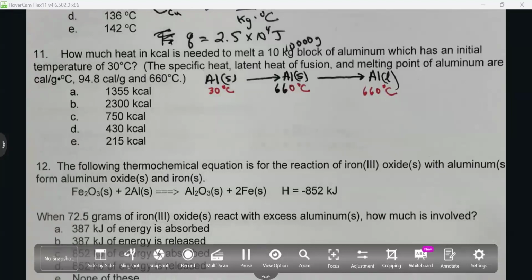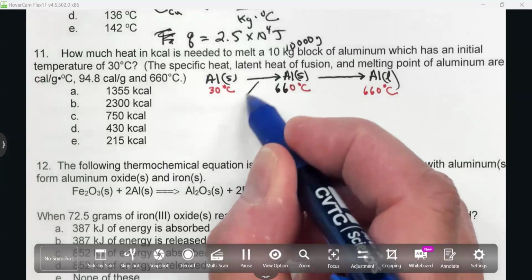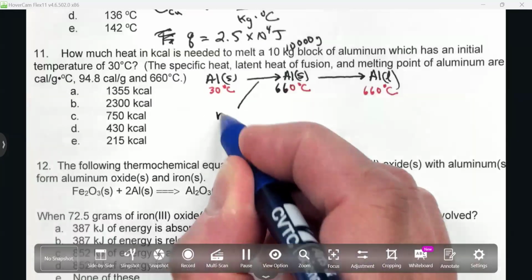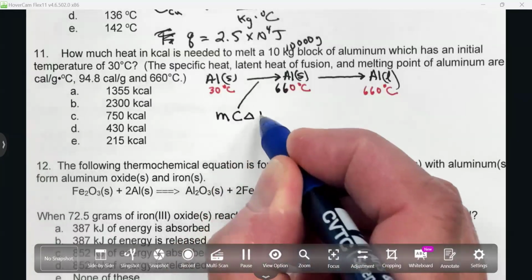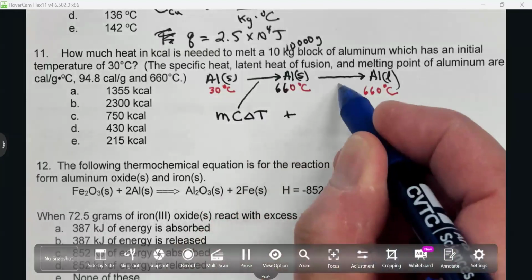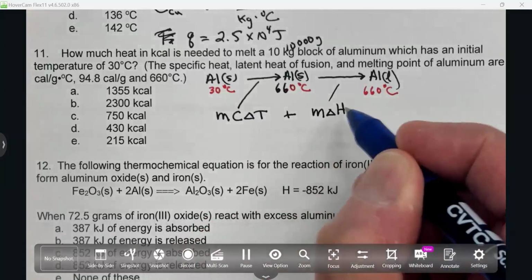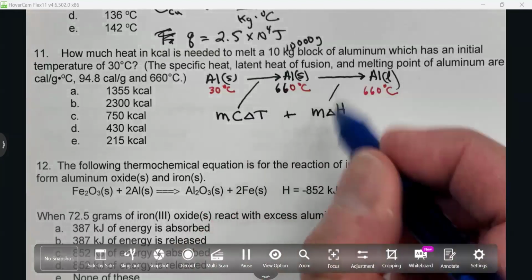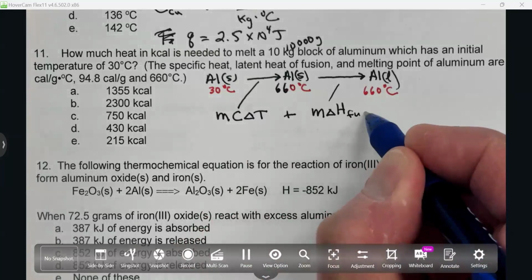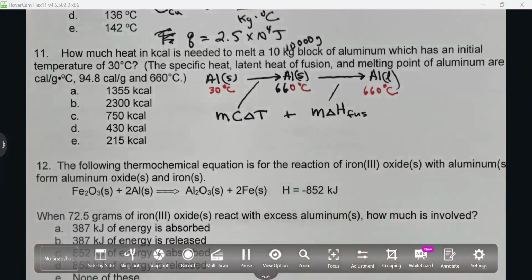Yeah, we're just going to melt it. So this part right here is going to be MC delta T. And this part right here is going to be mass times the enthalpy of fusion. And we can just add those up.